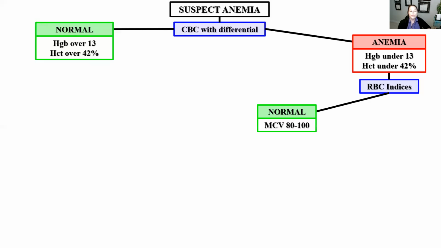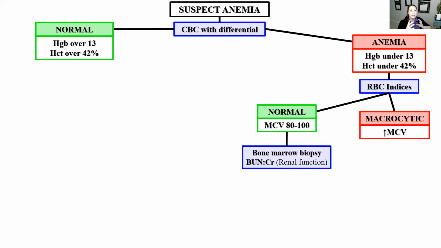If we start out with a normal MCV, mean corpuscular volume, which is the size, and it's normal, remember this is the one where the factory's broken and it's not making enough red blood cells. So we'd do a bone marrow biopsy, looking for our myelodysplastic syndromes, or check renal function. We could look at our BUN and creatinine because this can be associated with chronic renal failure.